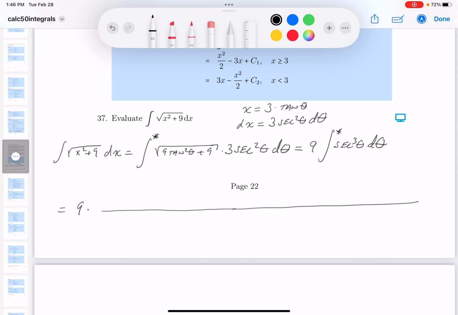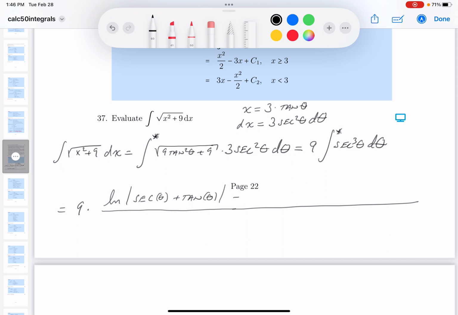We got there. But this is going to be natural log. And again, you can look back over. We just finished that. Now, it's not going to be secant of x. It's going to be secant of theta now. Let's keep moving. Plus the tangent of theta. This is the absolute value.